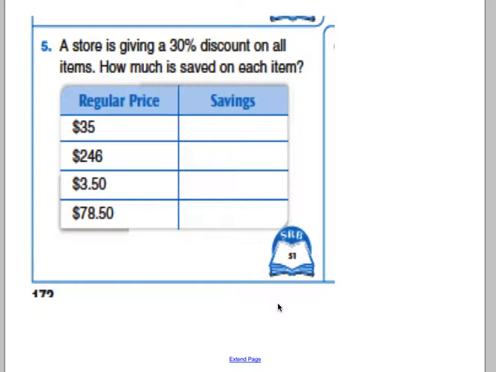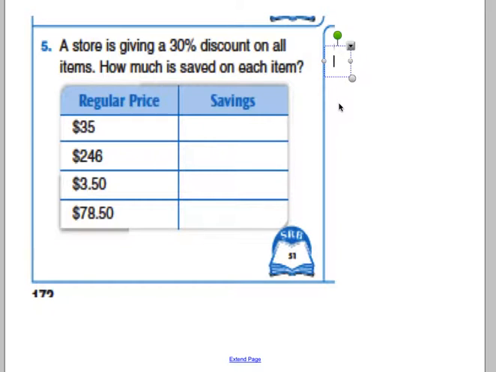In this problem, we're trying to figure out the amount of money that is being saved. And we know that it is 30% that is being saved from the regular price. So what we are trying to figure out is, what is 30% of this price?